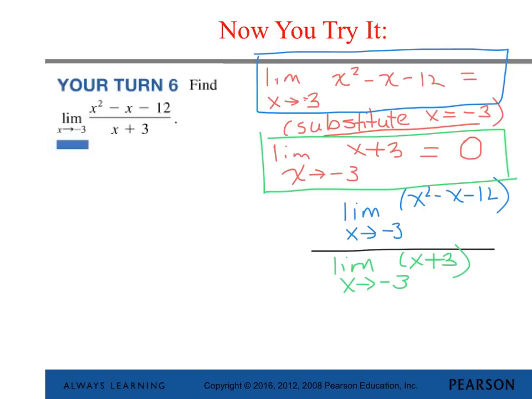And remember about dividing by 0. So there's your hint. Finish this one for your turn.